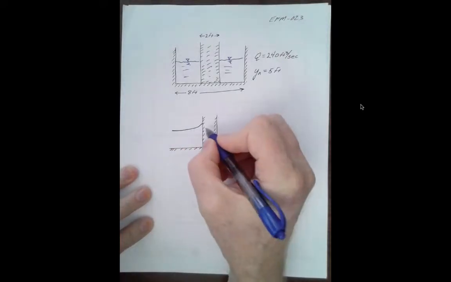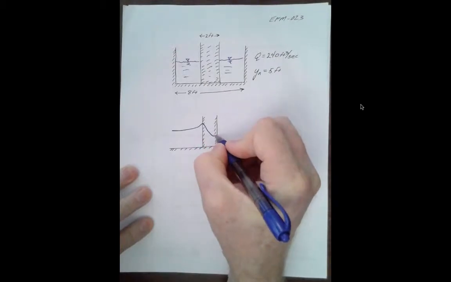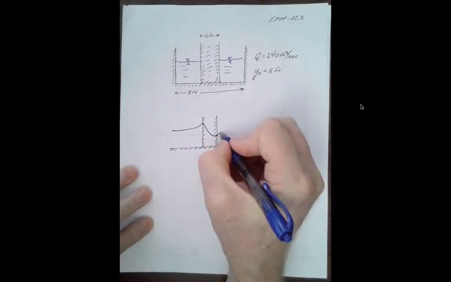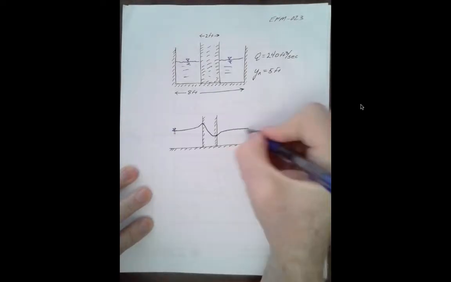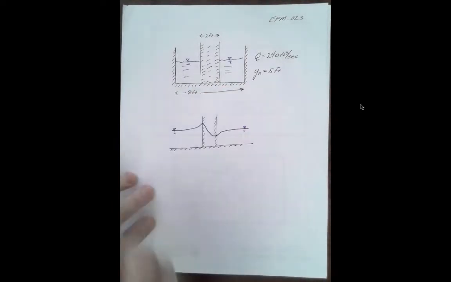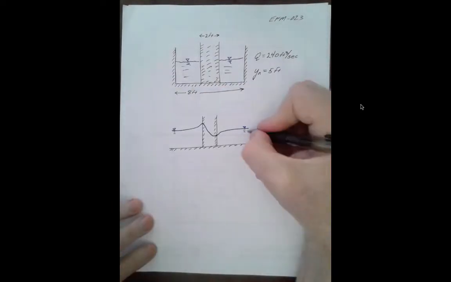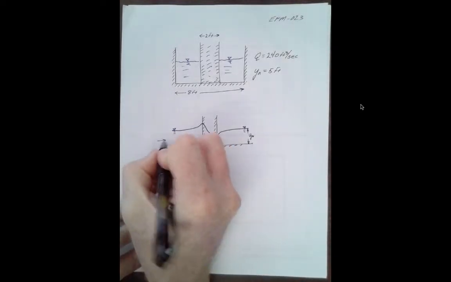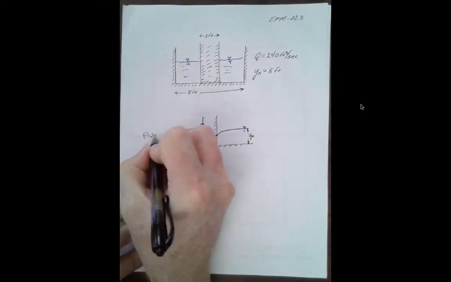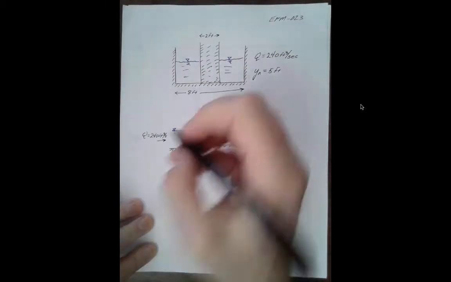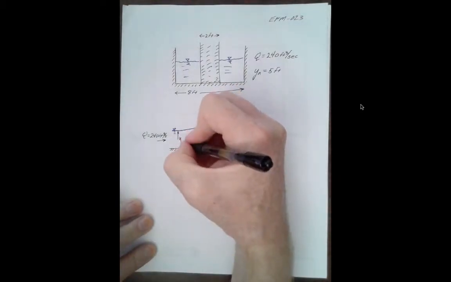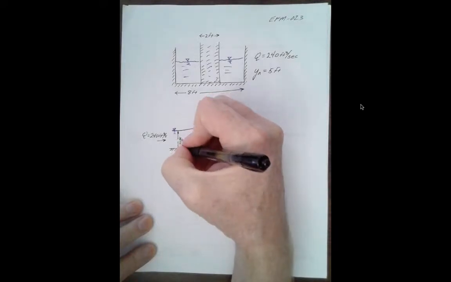Leading edge accelerates going around it. Comes back up, and at some distance away, we're at y subnormal. On the downstream end, we have Q equals 240 feet cubed per second, and our desire is to find out y sub 0 at the upstream end.